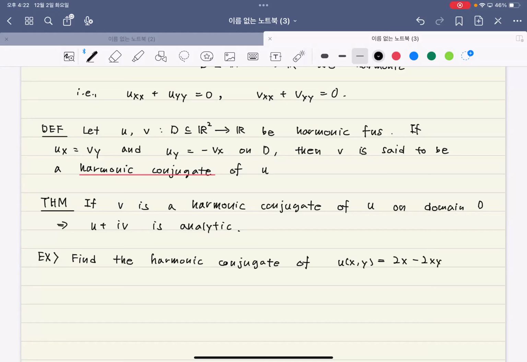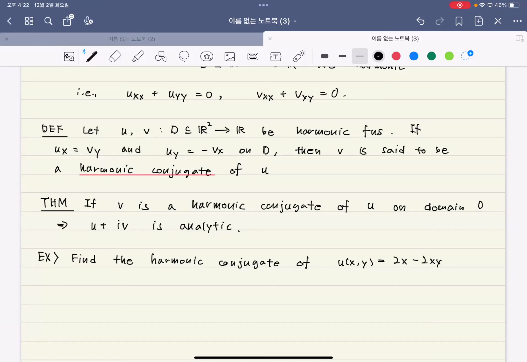Before we get started, let me verify that this is indeed harmonic. The first derivative in x is 2 minus 2y, and the second derivative equals 0. If you take the derivative in y twice, you get minus 2x, then 0. So you can easily say this is harmonic.